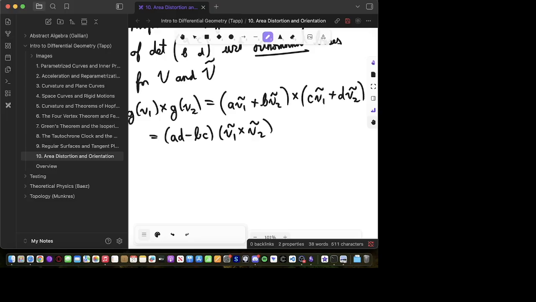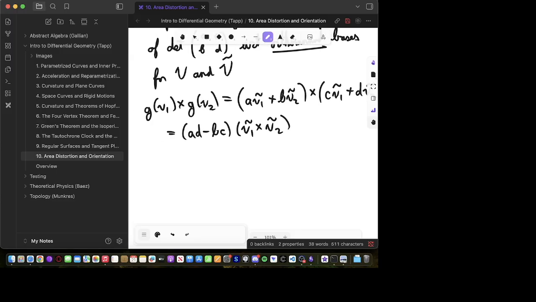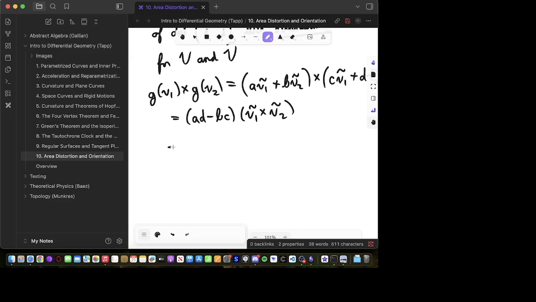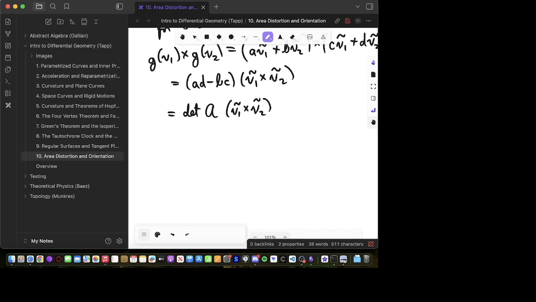And one might note that AD minus BC might look a little bit familiar. That is the determinant of our matrix A. And then we have the cross product of those two. So what do we get?